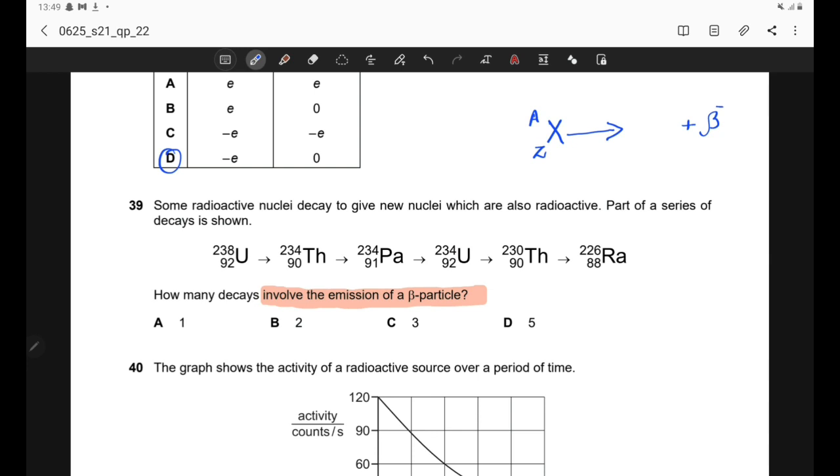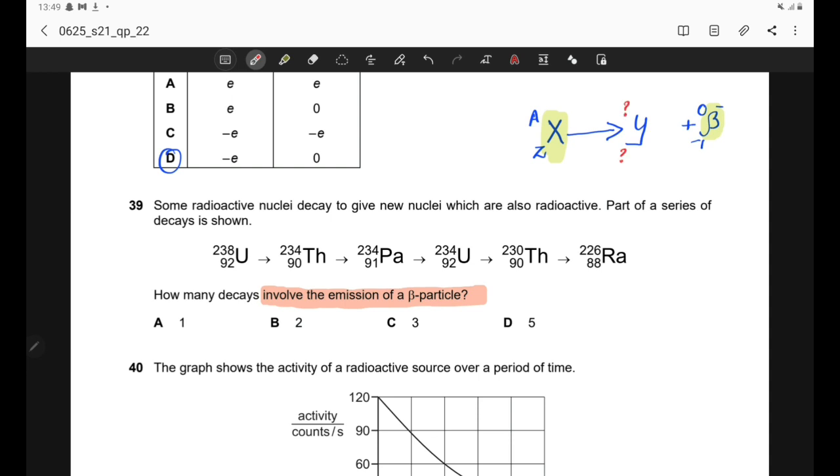So what will happen to the product? A beta is always represented with -1 and 0. When the parent nucleus X emits a beta, -1, 0, we will get a new nucleus Y.